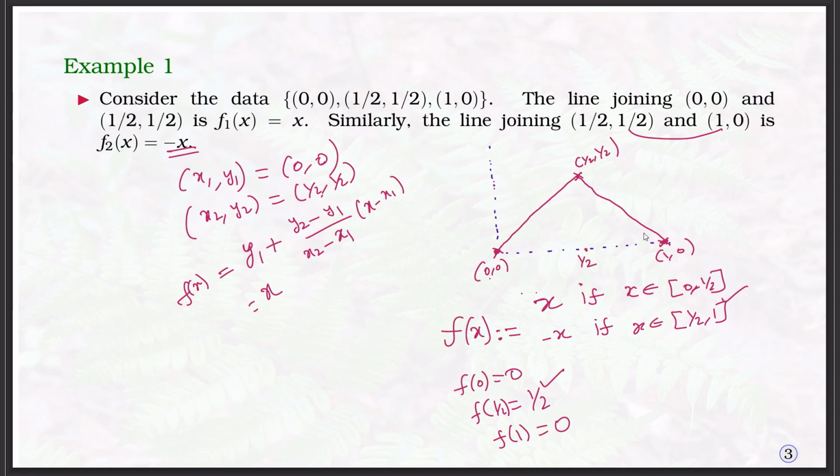So, this is the given function which interpolates the given set of points.